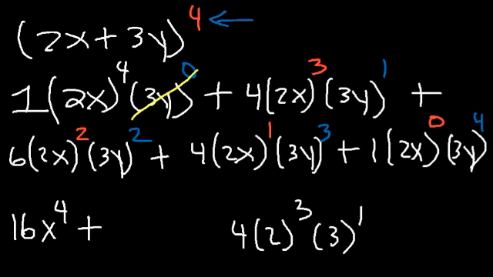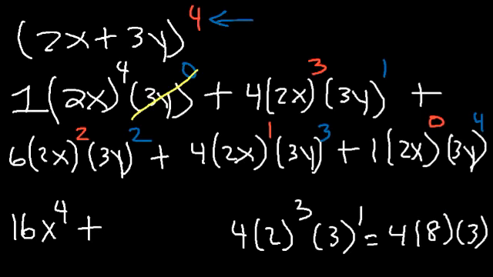In this case, it's going to be 4 times 2 to the 3rd. 2 to the 3rd power is 8. And 8 times 3 is 24. 4 times 24 is 96. So the coefficient of the second term is 96. And let's not forget the y variable. We do have a y here.